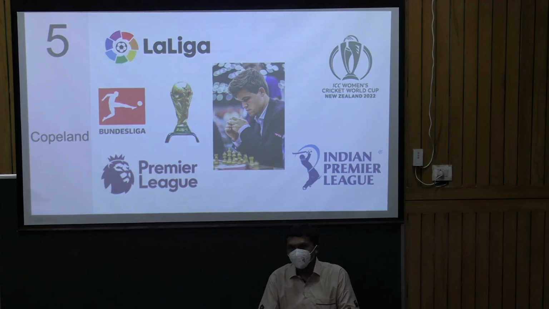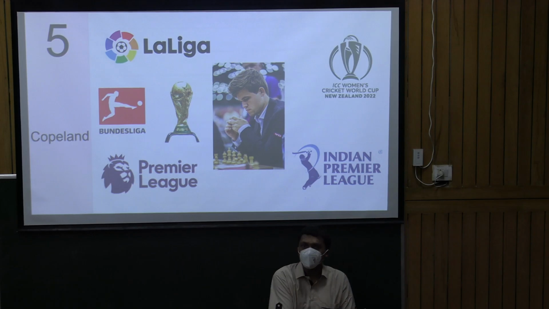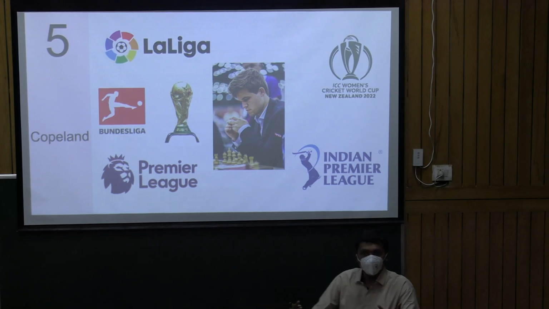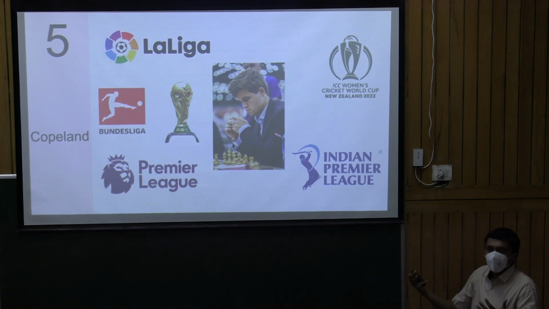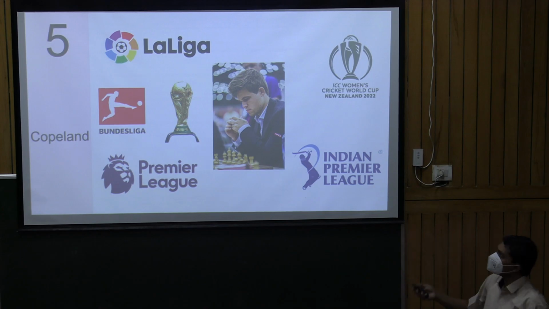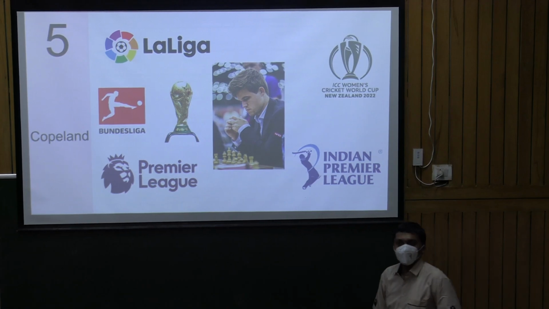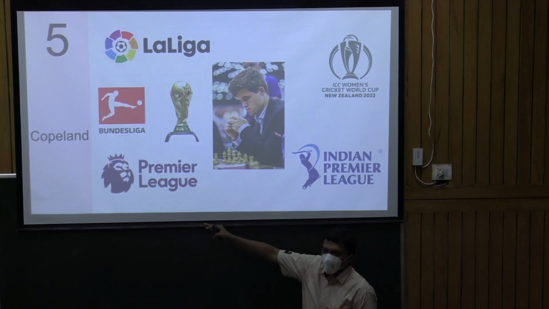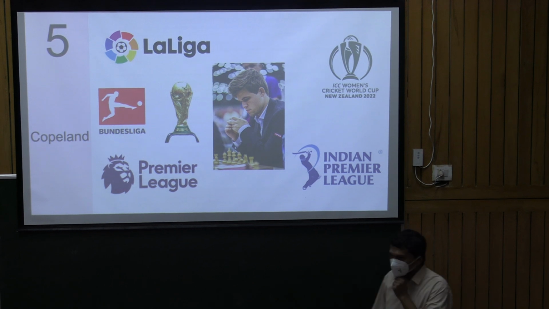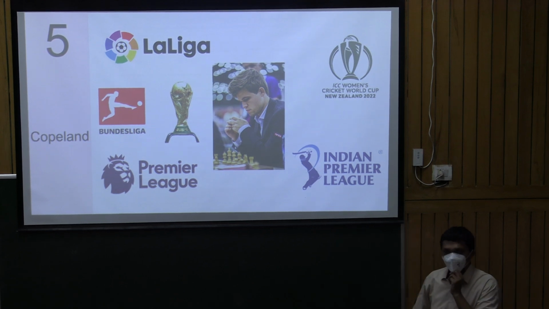So if a team wins a game, it gets say 2 points, the other gets 0 points. If it's a draw, then both get 1 point. So it's a very Copeland style scoring. This kind of scoring is used in a whole bunch of places, in football, in cricket leagues, and in chess, and tons and tons of others. So these are all either Copeland or variants of Copeland. So it's a good voting rule to know.